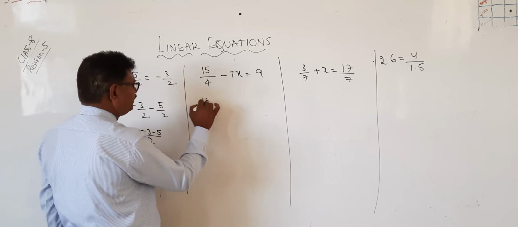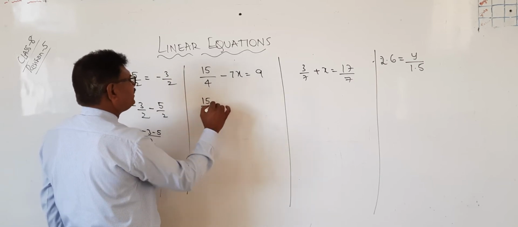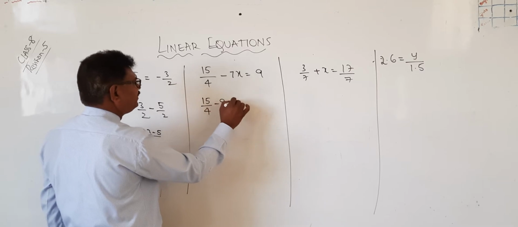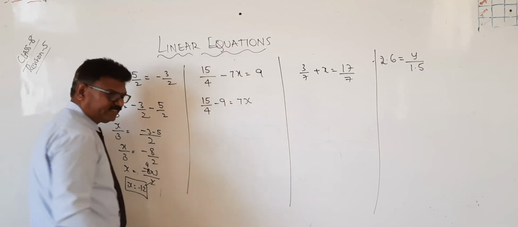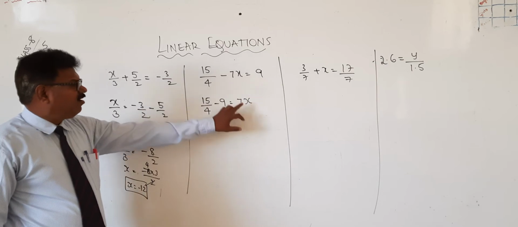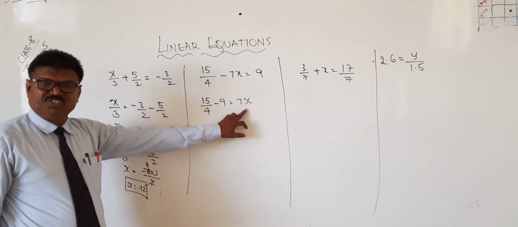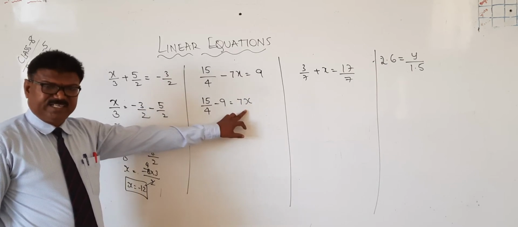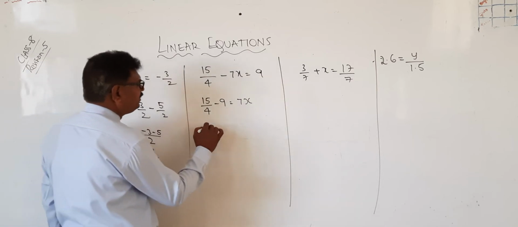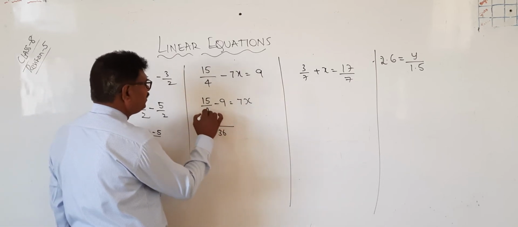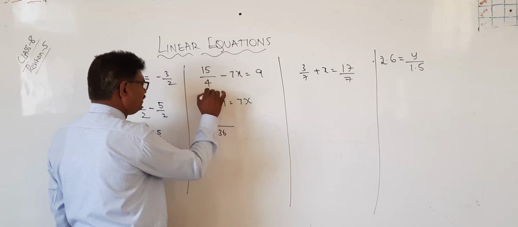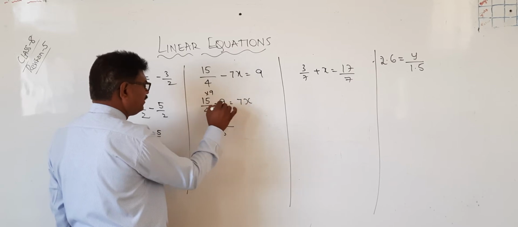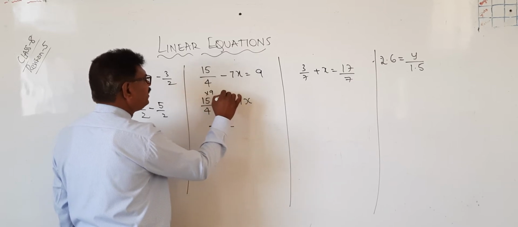Yes, 15 by 4, plus 9 if it comes over, minus 9 is equal to 7x. Because x must always be on the positive side, it should not be on the negative side. Therefore, what is the LCM? 36. 4 how many times? 9. 9 into 36.